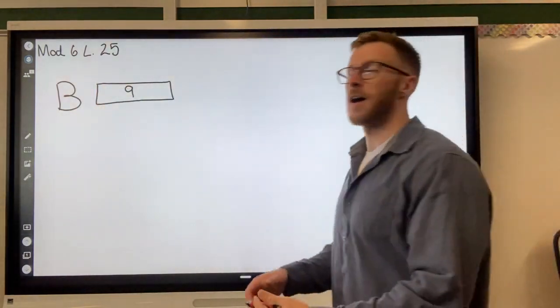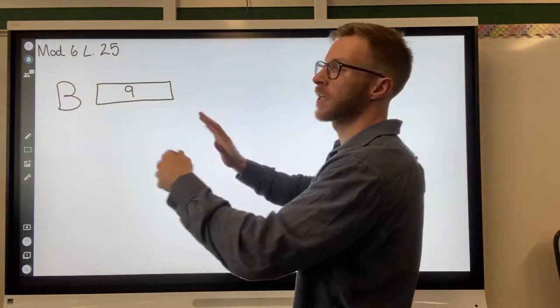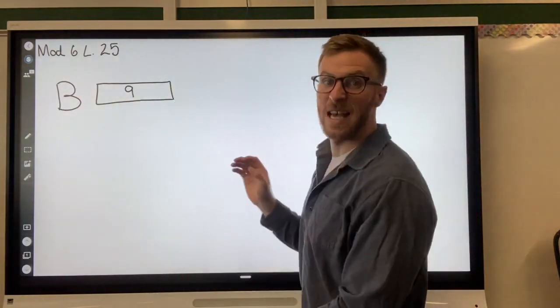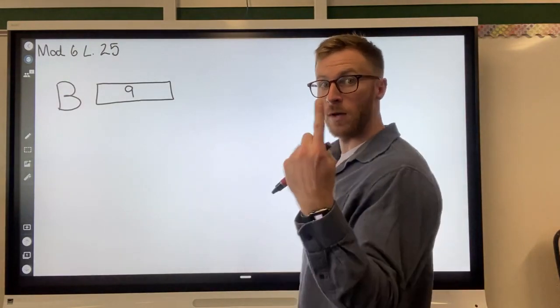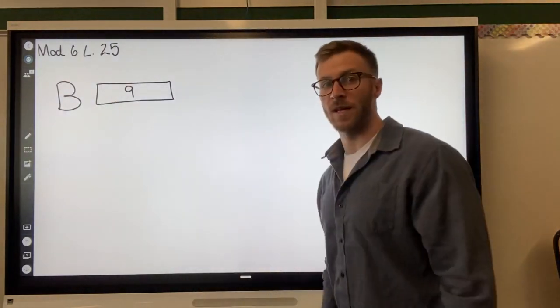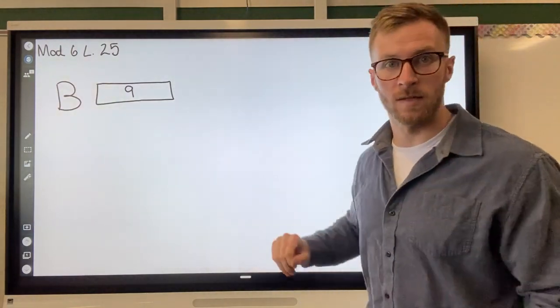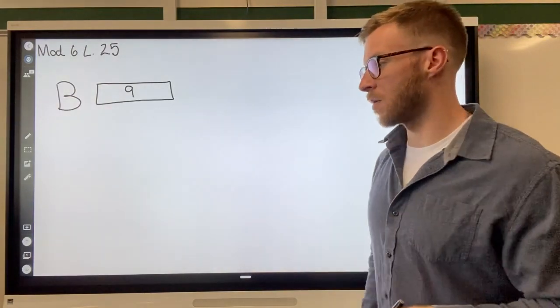Now I'm imagining this is like a bar going this way. If he played more than 9 times, it'd be longer. If he played less than 9 times, if he only played, say, 1 time on his banjo, it'd be really short. So I just put it this length. It's a good size. I can see it clearly. You guys can see it clearly on my board. That's the size I went with.